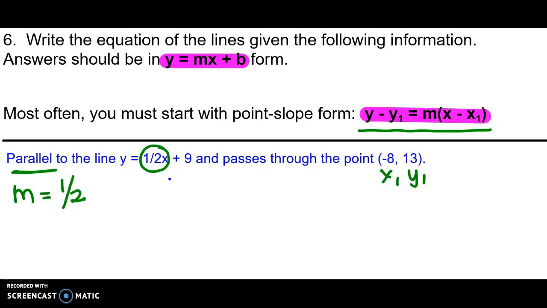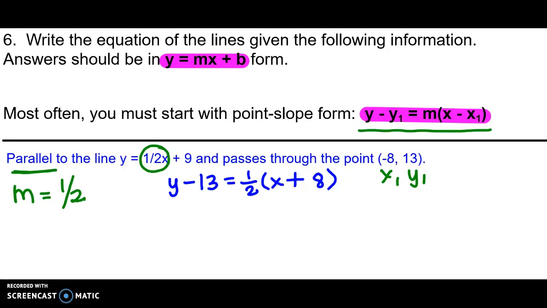So we have y minus y1, which is 13, equals m, which is 1/2, x minus x1, which is negative 8. Now, just as we did on the last problem, let's erase this minus negative and just turn it into a plus.